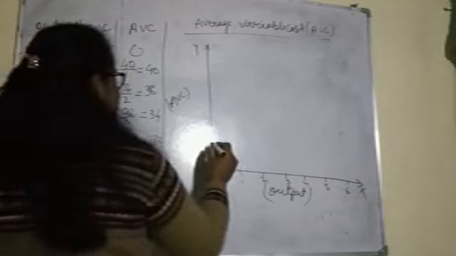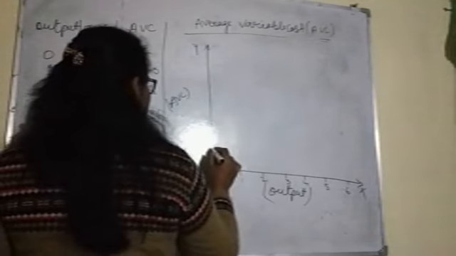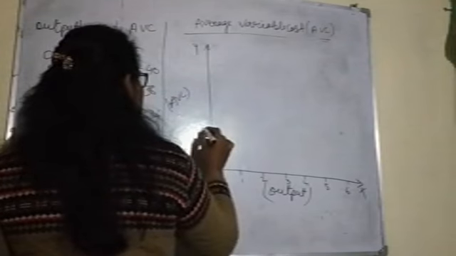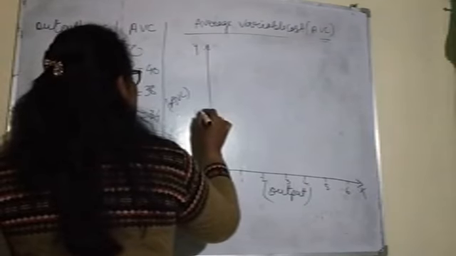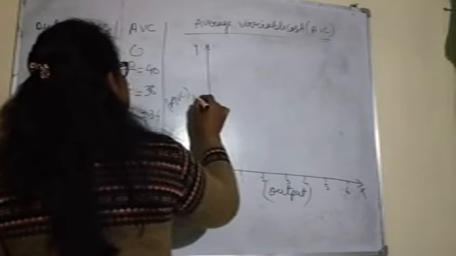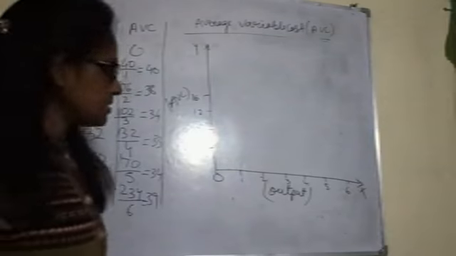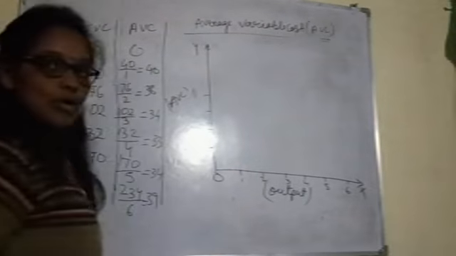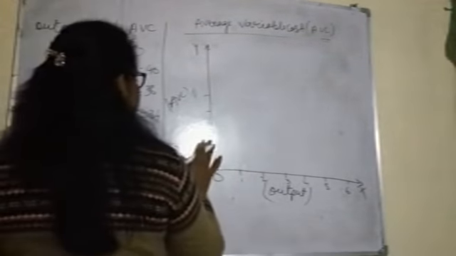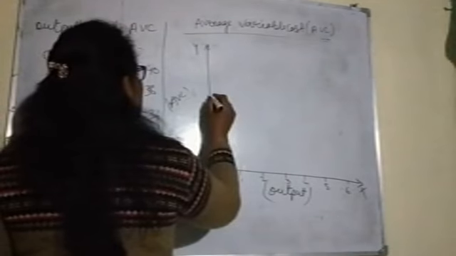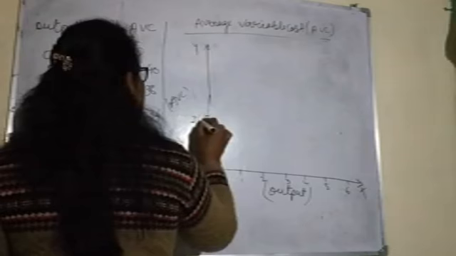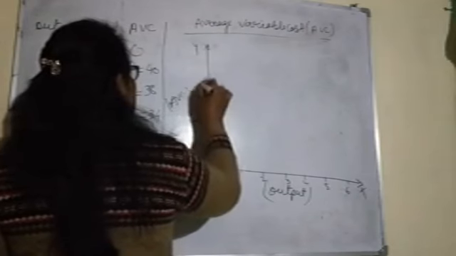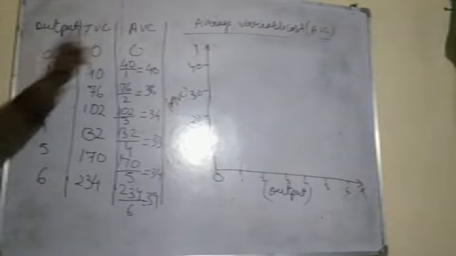So we'll take the gap of 4, 8, 12, 16. No, this will take too much. We'll take the gap of 10. So it will be 10, 20, 30, 40.